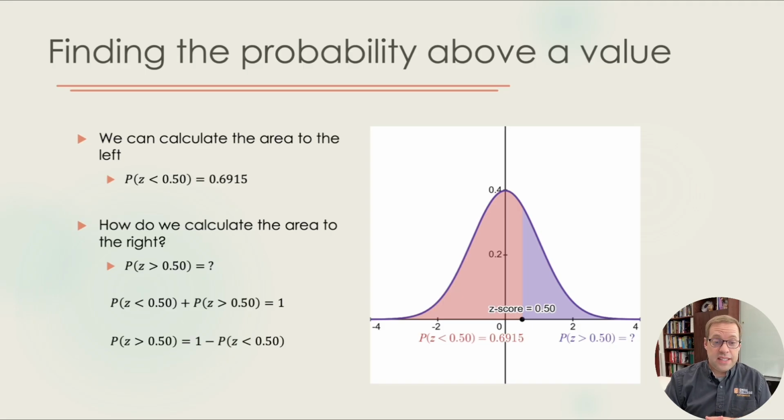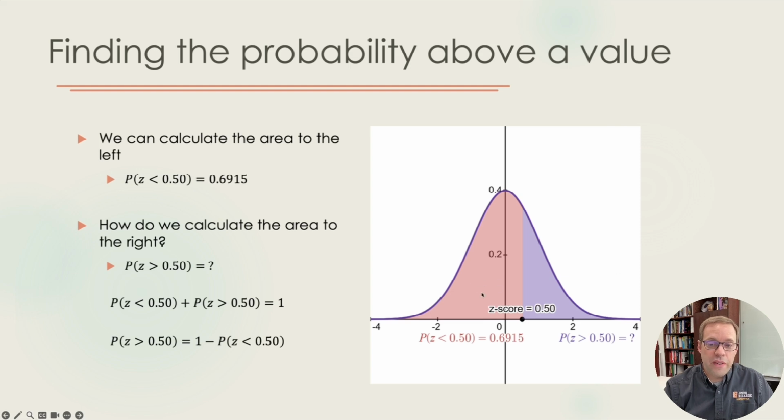And this just gives us the probability of z greater than 0.5 would be 1 minus the probability of z less than 0.5. Does this look familiar at all? This is a complement. Remember we said, what's the probability of one category? Well, the probability of not being in that category is its complement.